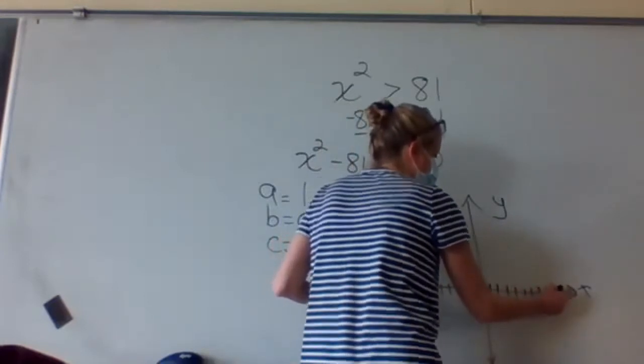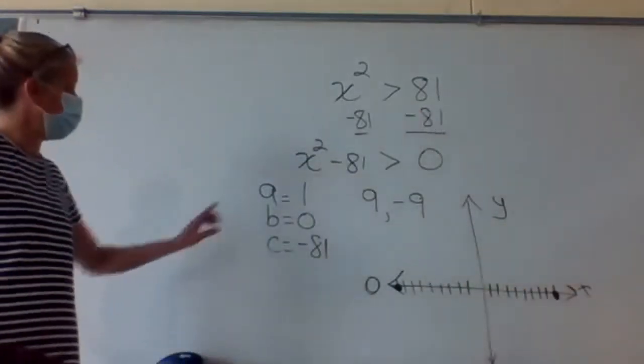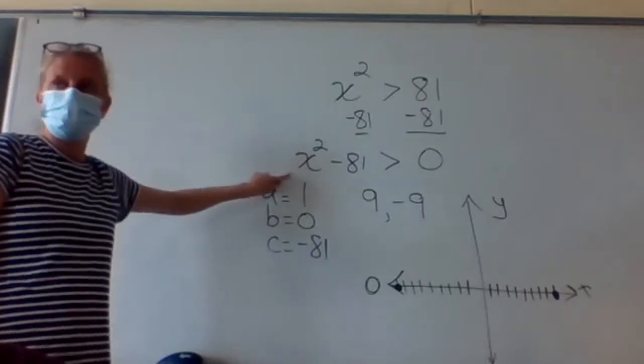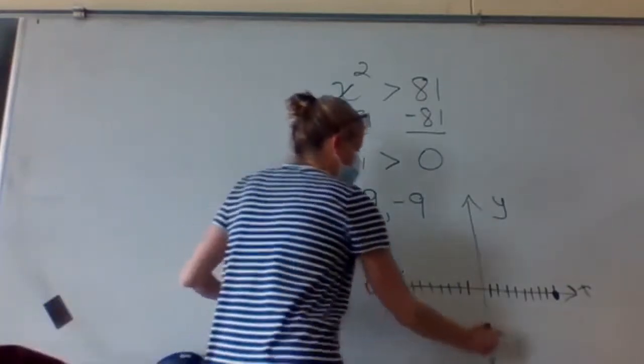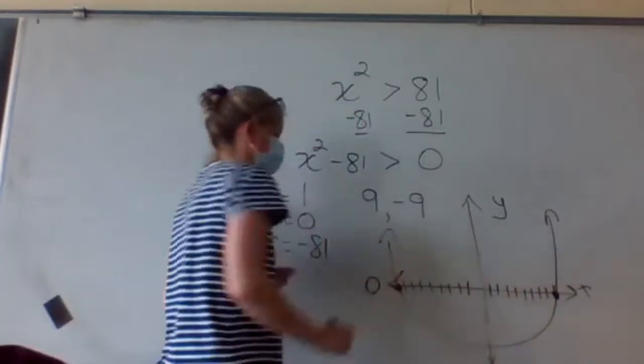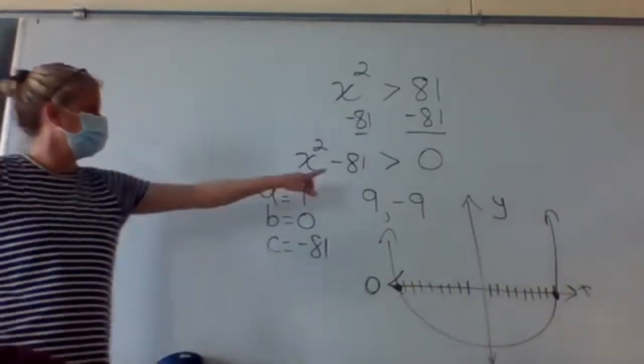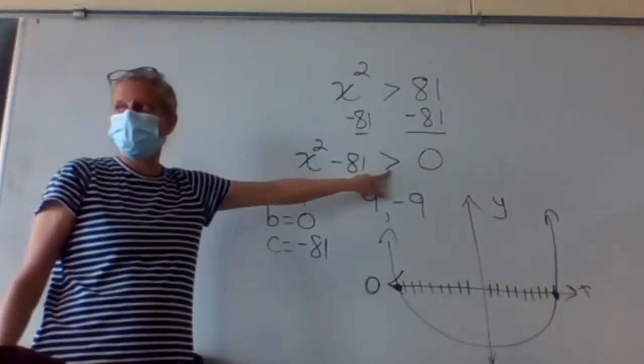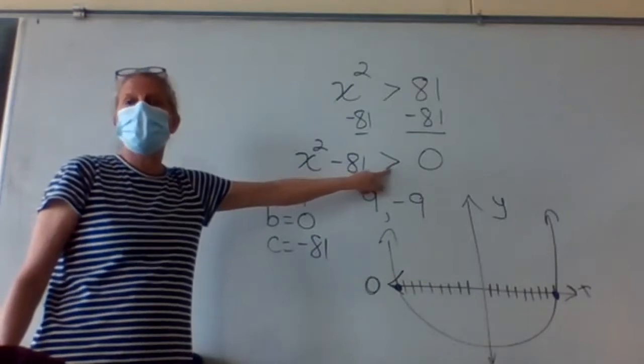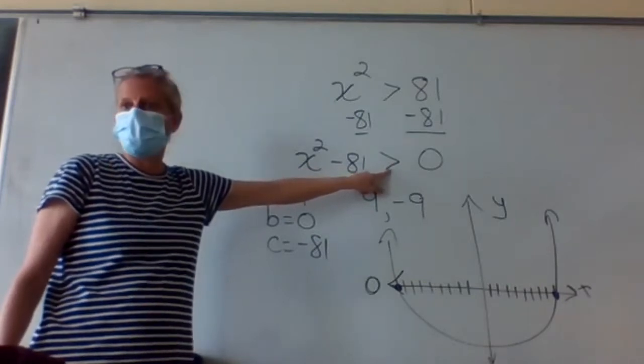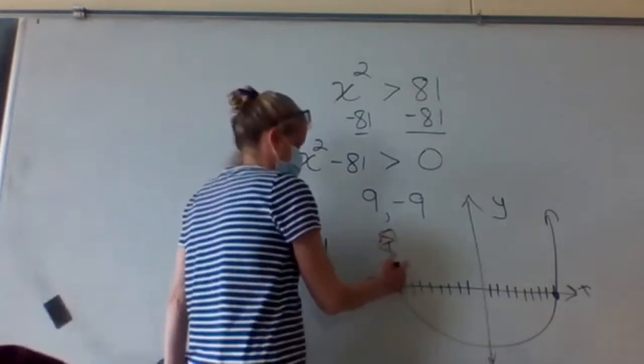There's positive 9. Now, before you draw it, make sure it's right side up, which it is. And just like the last several, it wants to know what's above the x-axis since it's greater than.